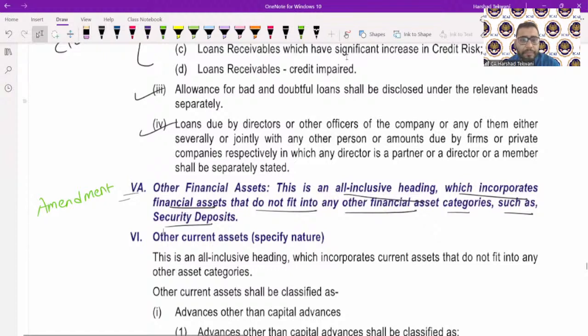Clear? Same way as we saw for other financial assets in the non-current, same way in the current. Similar on both lines.